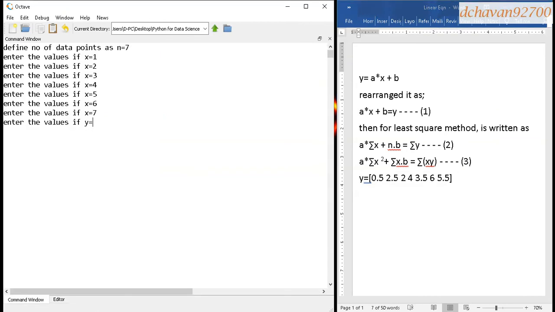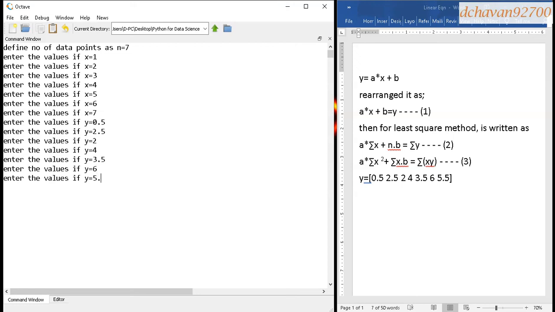So values of y is what? 0.5, hit enter, then 2.5, then 2, then 4, then 3.5, then 6 and 5.5.